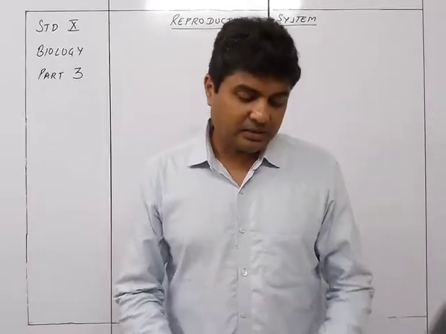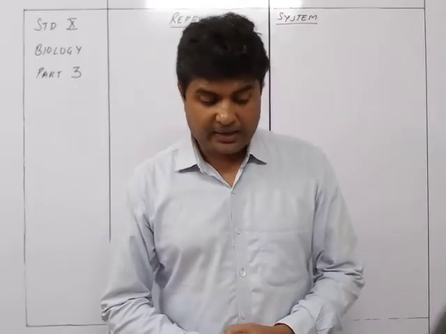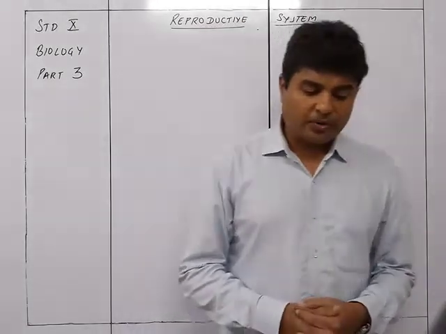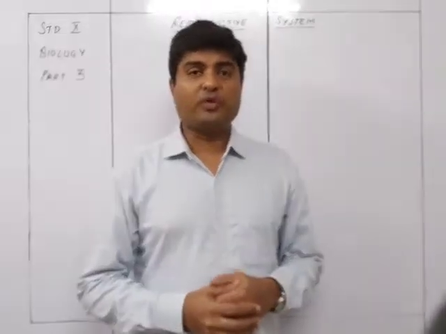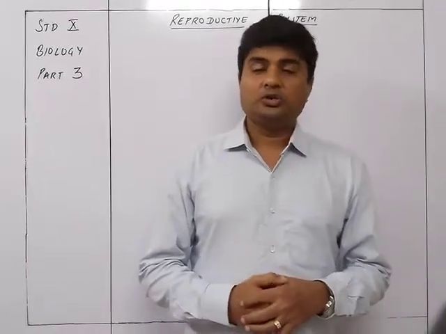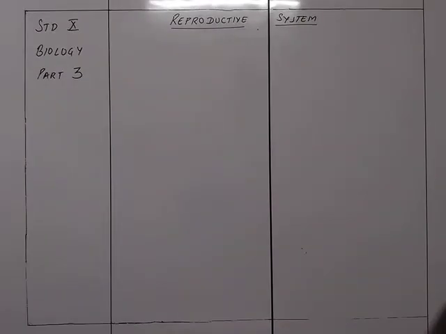Many of them just die off on the way and are absorbed. So that's the main part. Now we'll discuss the main parts of the sperm as well as the main parts of the egg one by one. I can continue this in the same video.